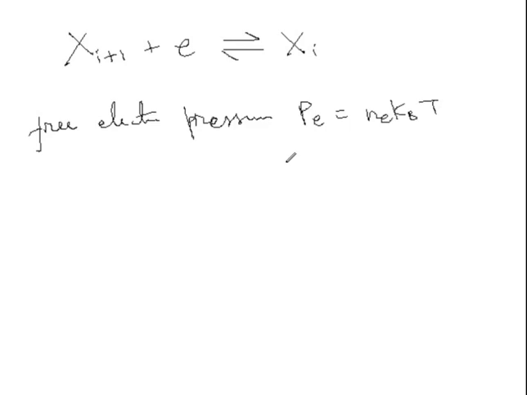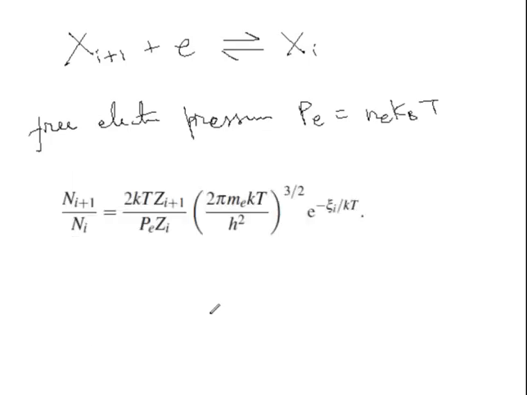Of course, we have assumed an ideal electron gas, and in that case the equation becomes like this. Okay, so this is equation 7. Now what about the strength of Lyman lines in a star?